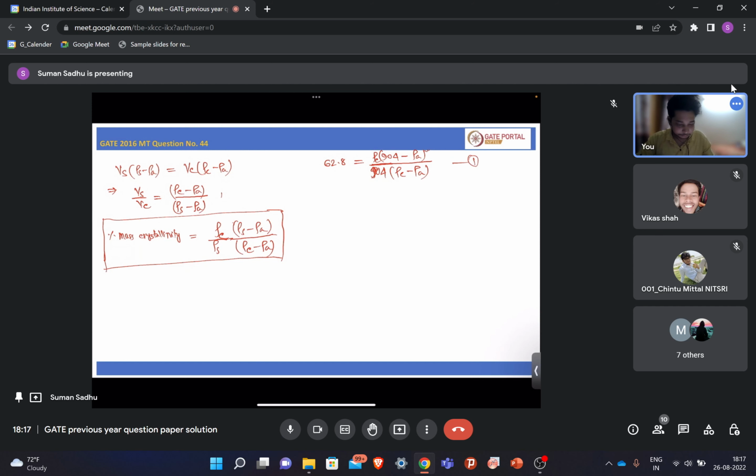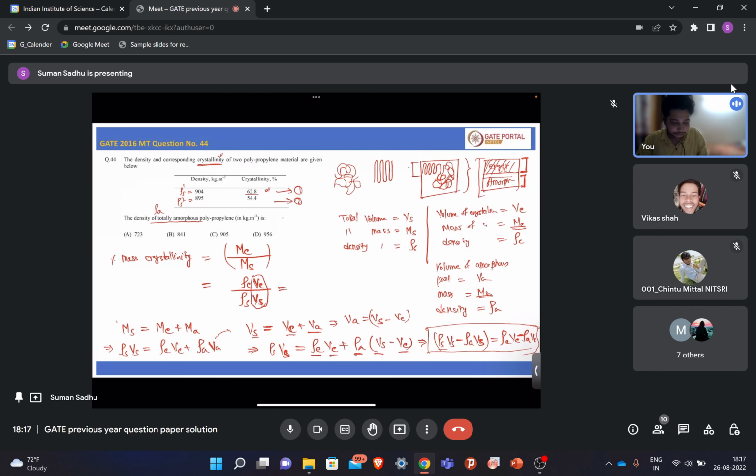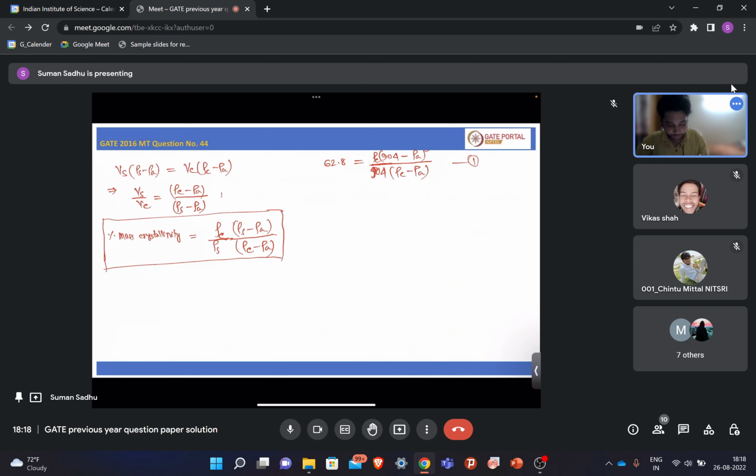Equation 2 will be 54.4% crystallinity, and the density is 895. Okay, sorry, there is a mistake. If I write in terms of percentage, then you have to multiply by 100, or if you are writing as a fraction, it will be like this ratio only.